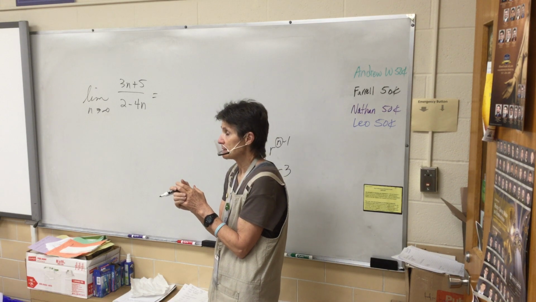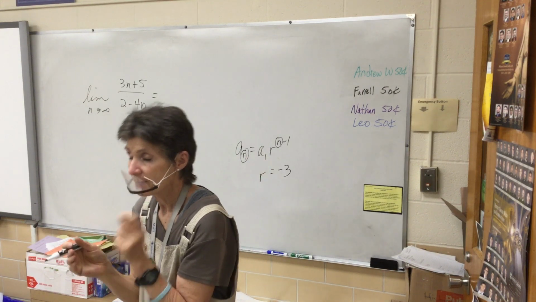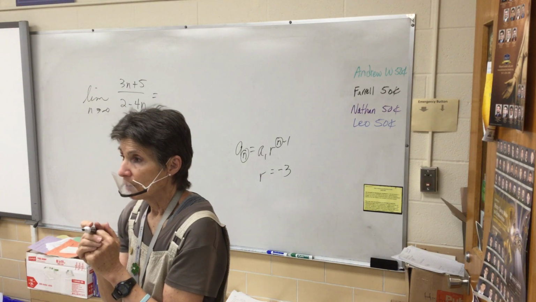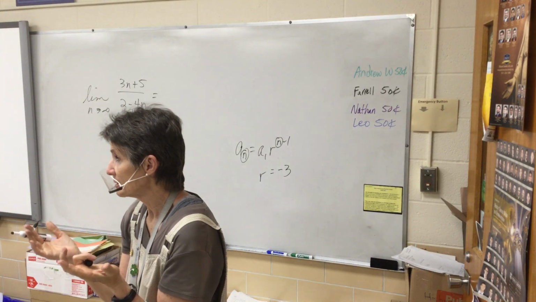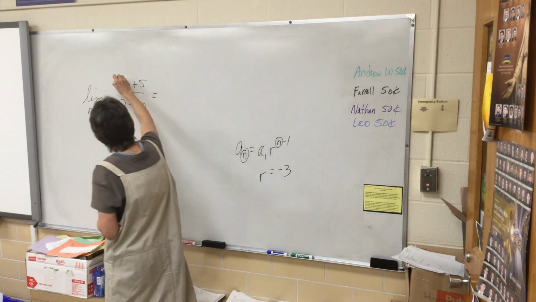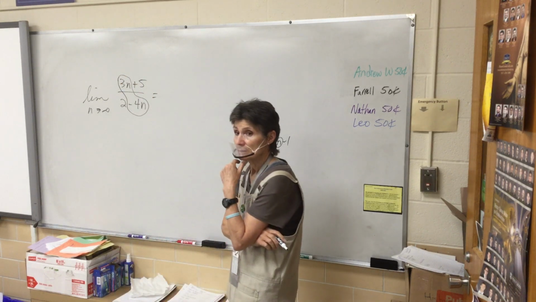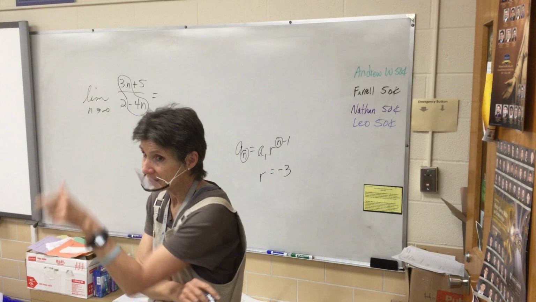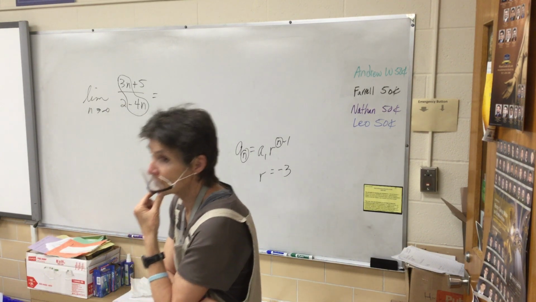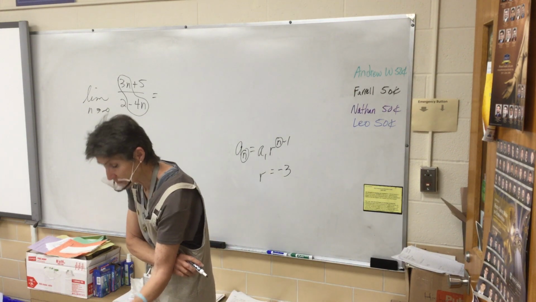When you do a limit, you're supposed to look at the highest power you have on the top and the highest power you have on the bottom. This is where you box in your things. What's my highest power? N. So on the top, I have 3, but on the bottom, I have -4. Because I don't have them lined up, my box is kind of sideways. What's my fraction come out to be? -3/4. So the limit of this is -3/4.